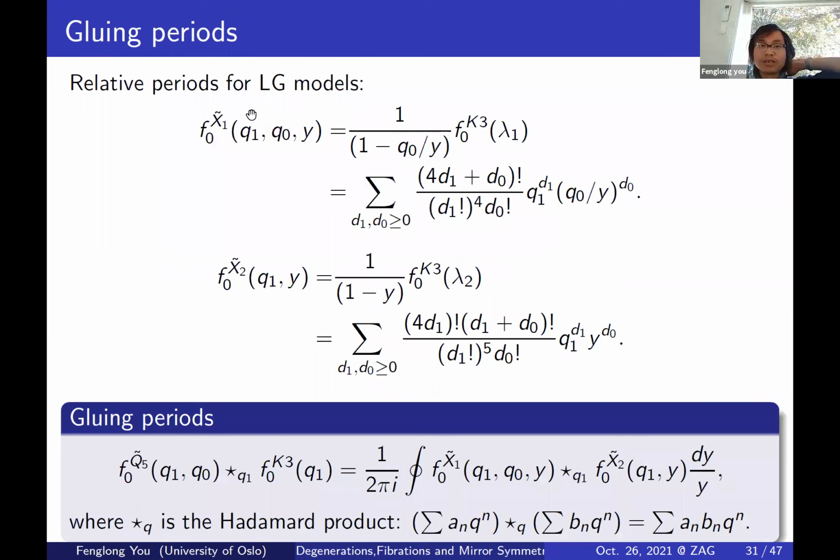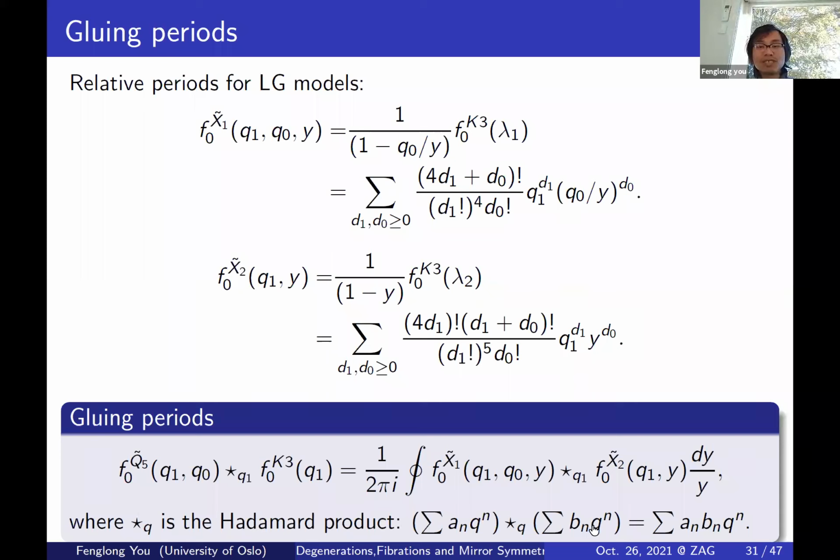And we can also compute relative periods by just pulling back this period by the functional invariants, and then we get these two periods for these two pieces. These are relative periods, and the relation between these periods is this formula. There is something called the Hadamard product.